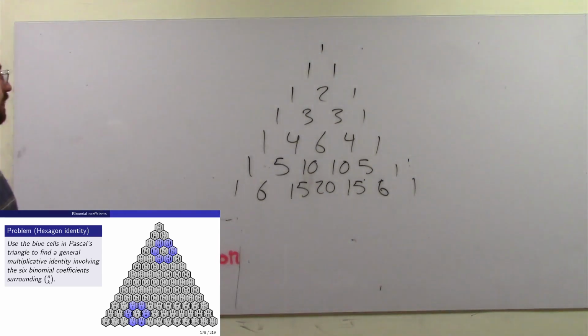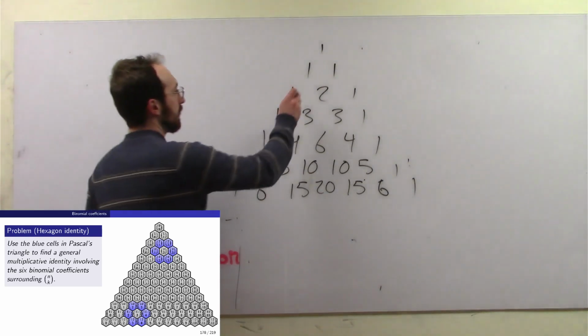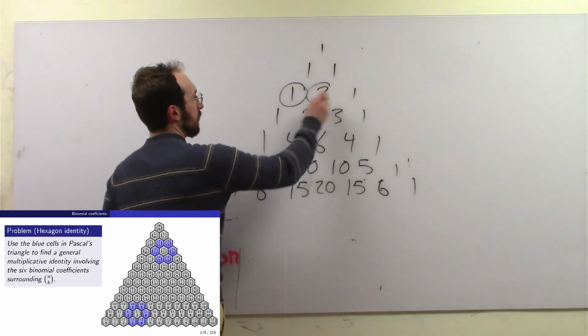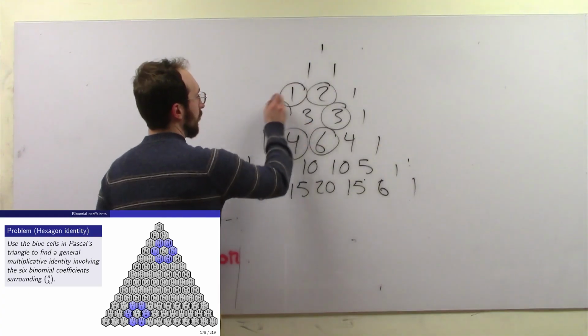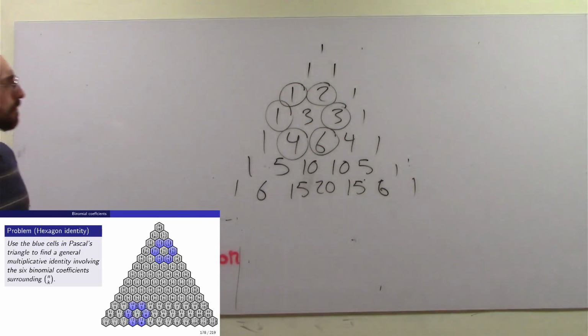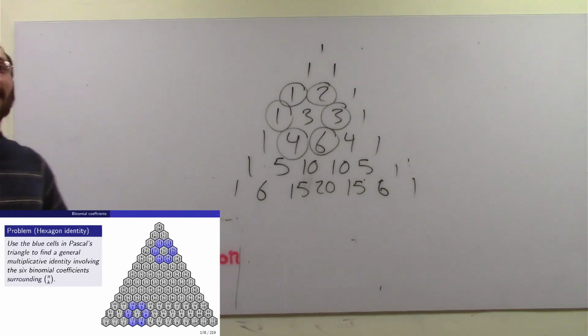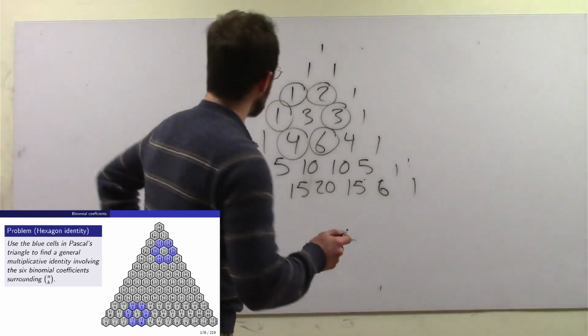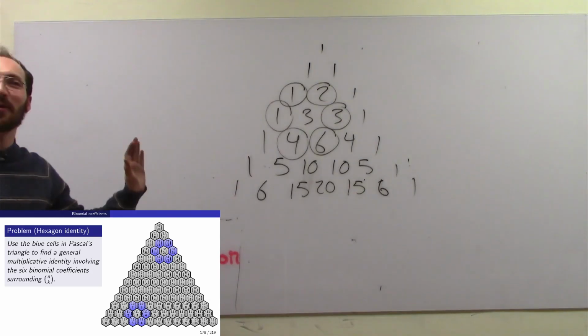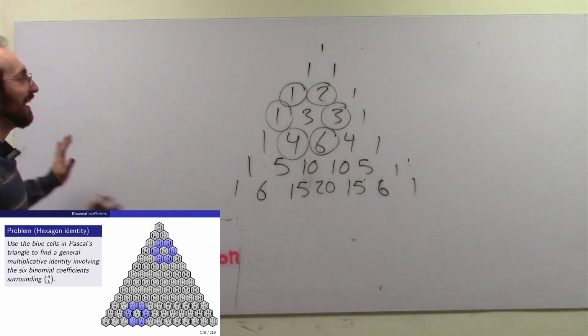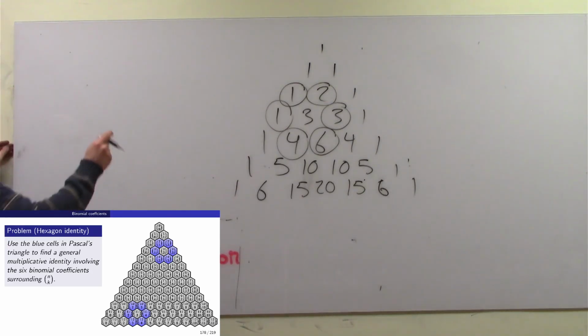Let's just pick some hexagon here. We have 1, 2, 3, 6, 4, and 1. It's definitely not obvious what to do with these, but let's see. I mean, I know what we're supposed to do, I'll admit. But let's see.